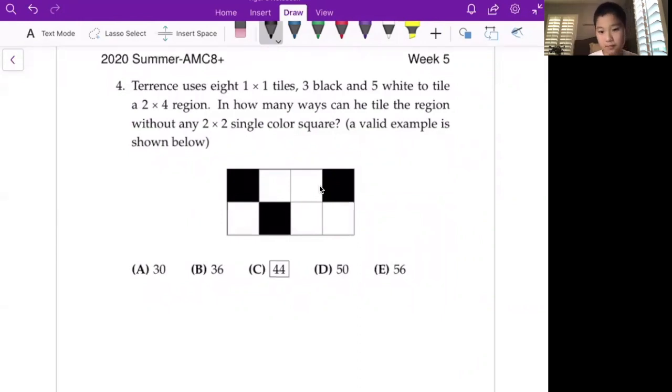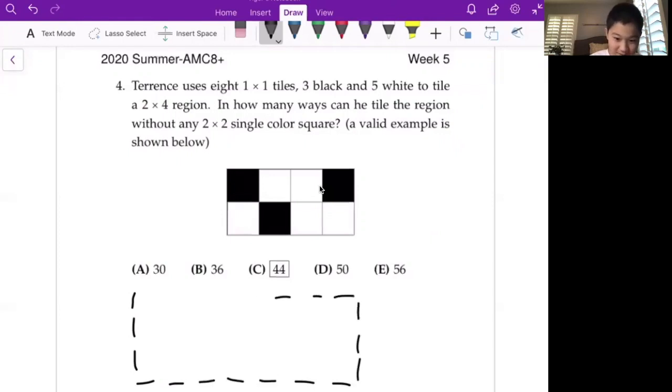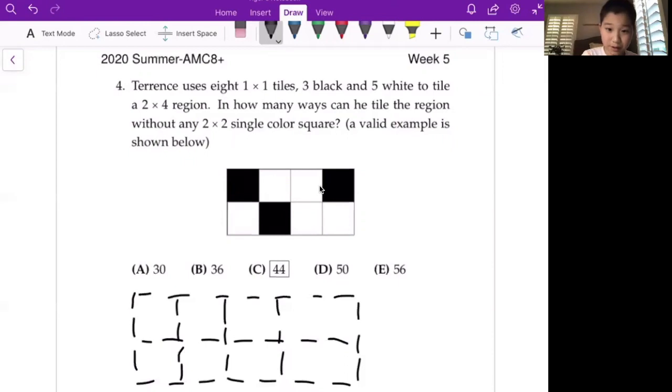Well, if nothing occurs to you, do something that you wouldn't say is that good. And what is that? Let's draw this. You'll see why I'm drawing with these dashes. Oops, I made one too big.